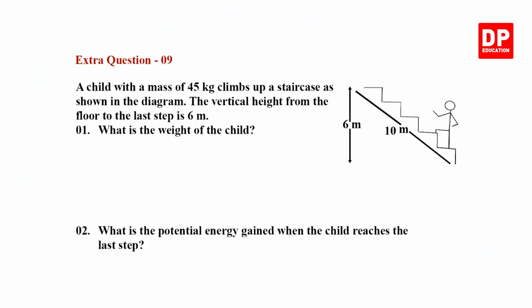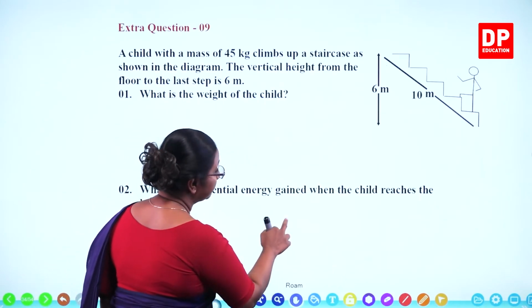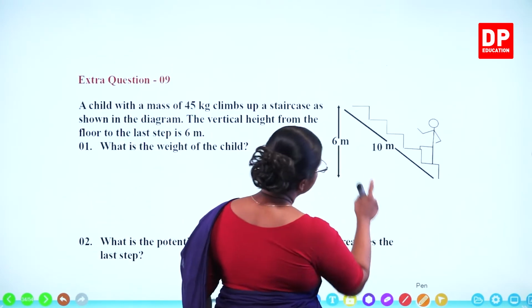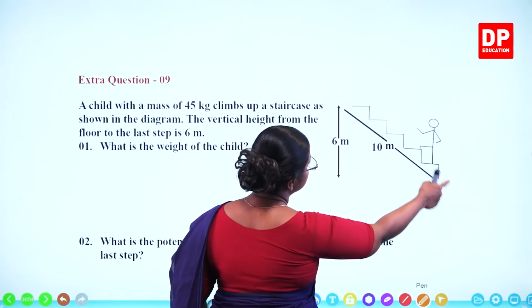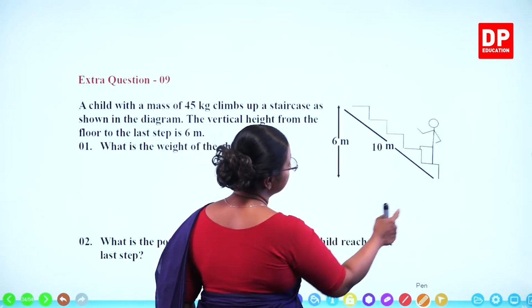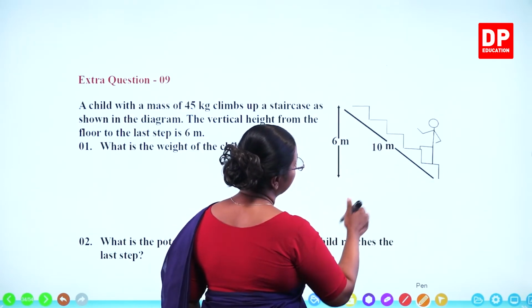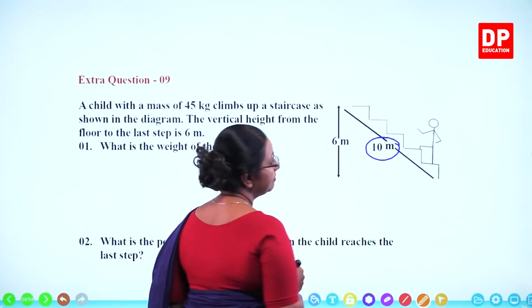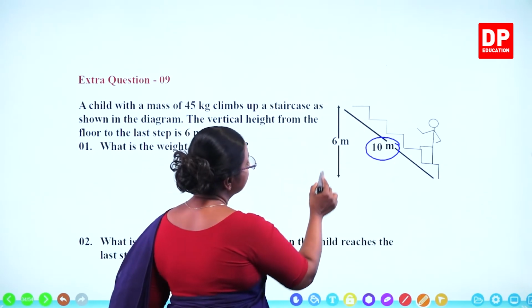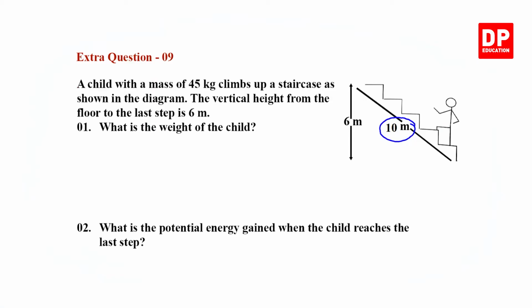Extra question 9. A child with a mass of 45 kg climbs up a staircase as shown in the diagram. So we'll look at the diagram first. So here you can see, students, the child is climbing up the staircase. Now the length of the staircase is given to you as 10 meters. But you can see the vertical height from this point up to here, that is 6 meters.